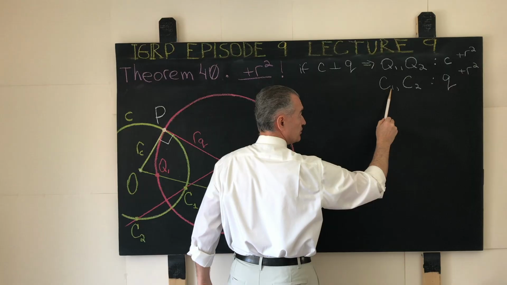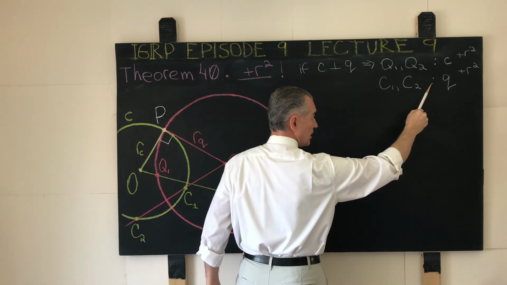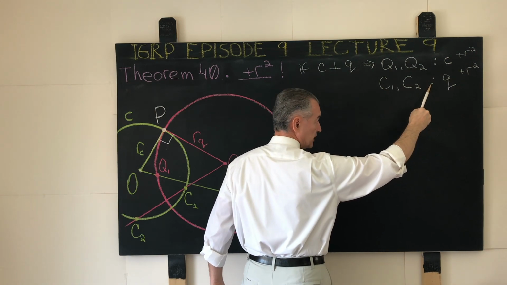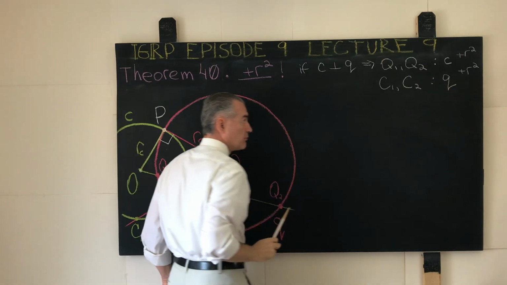The points C1 and C2 are the inversive images of each other under the inversion of the parent plane with respect to the circle Q with positive power.